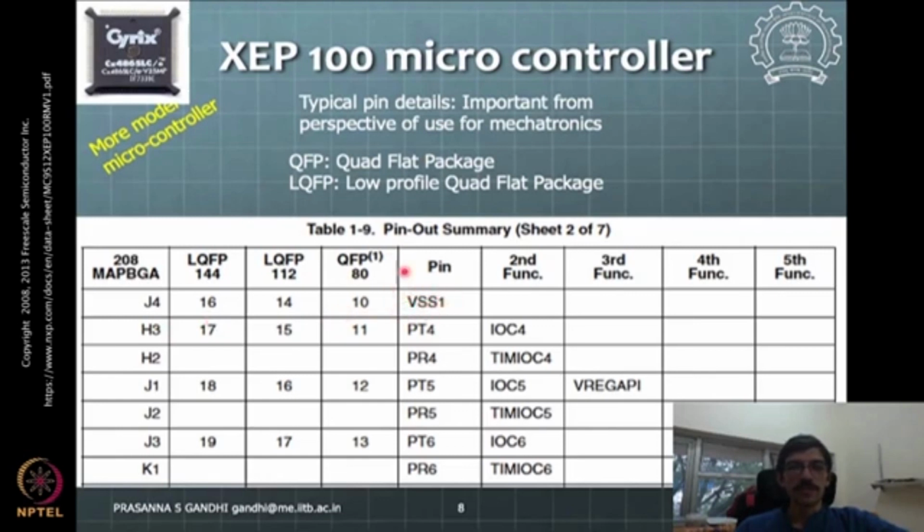This is a supply voltage, so there is no other function for this pin. But for some of the other pins, like this PT5, there are other functions. So the pin functions can change. One can program and change the pin functions. That is the important concept to know here: a pin does not have a fixed function all the time.